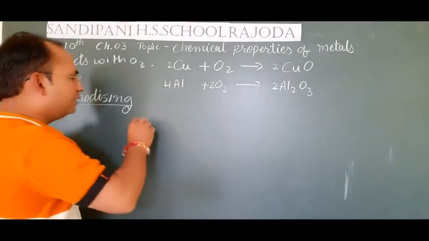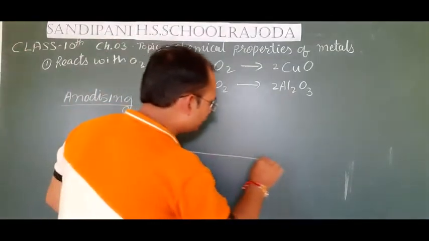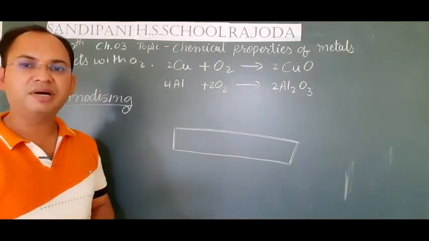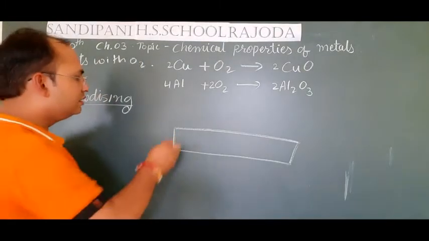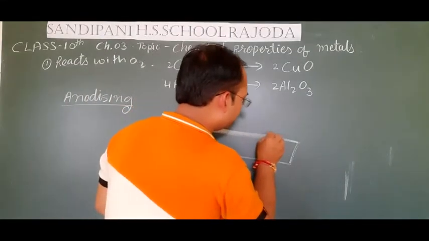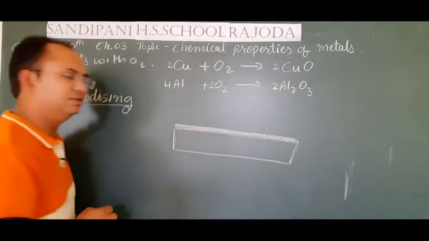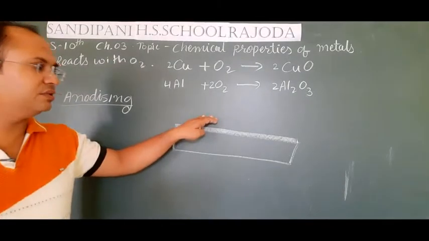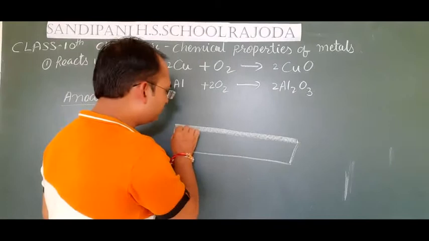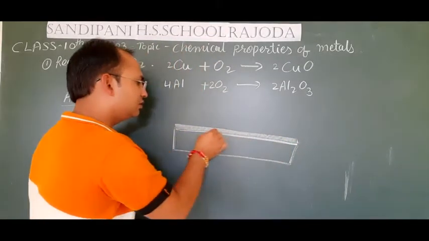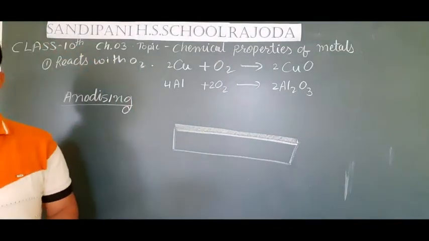By the anodizing process, the surface of the aluminium, suppose this is an aluminium article, and here this surface gets anodized in the form of aluminium oxide. So students, this surface will protect against further corrosion of the aluminium inside the bulk of the article.